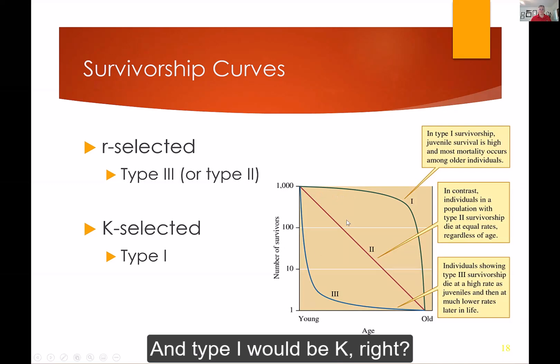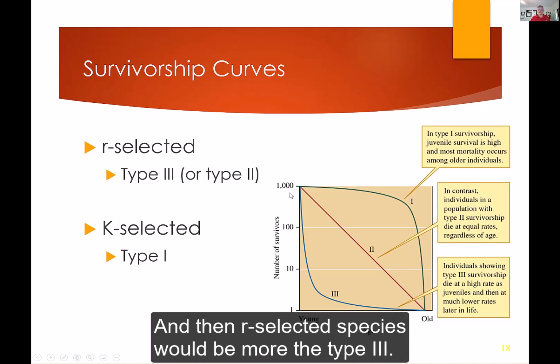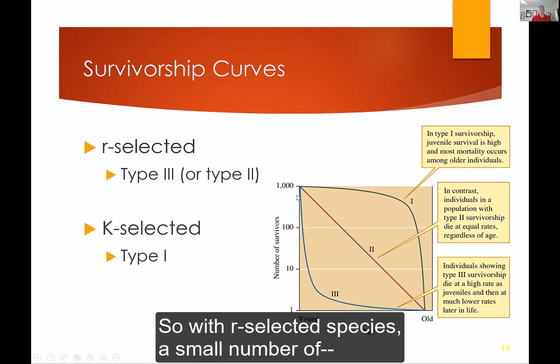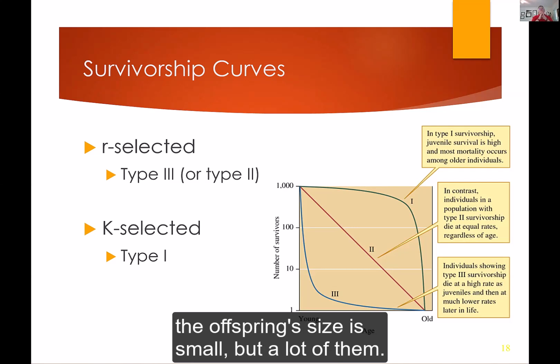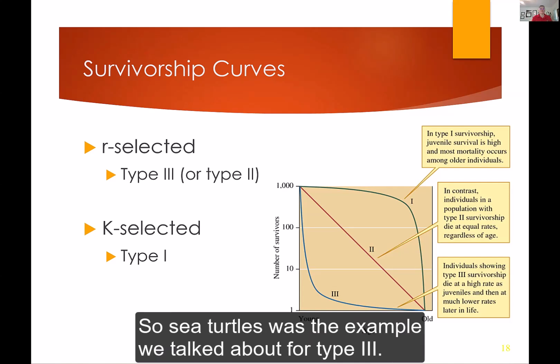Type 1 would be K, right? So those larger individuals. And then r selected species would be more the type 3. With r selected species, the offspring size is small, but a lot of them, right? So sea turtles was the example we talked about for type 3.